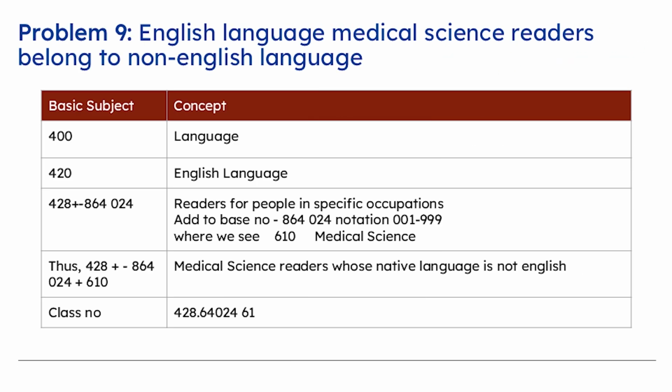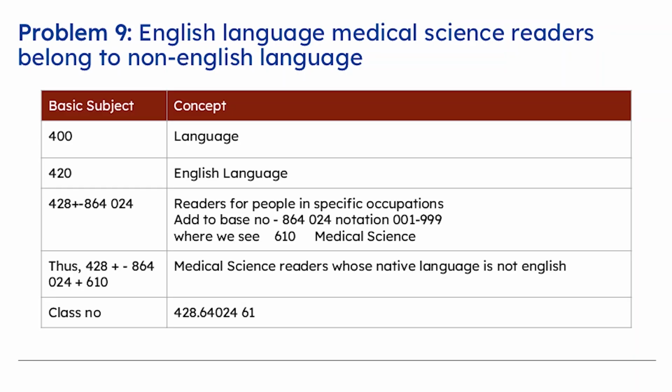Then another important example: English language medical science readers belonging to non-English language. Here you see, we go up to 420 English language, then dash 86402 4, meaning readers for people in a specific occupation. There are add notes, and add notes also give some instructions. Here also from the total class schedule we have to find the medical class number, which is 610.